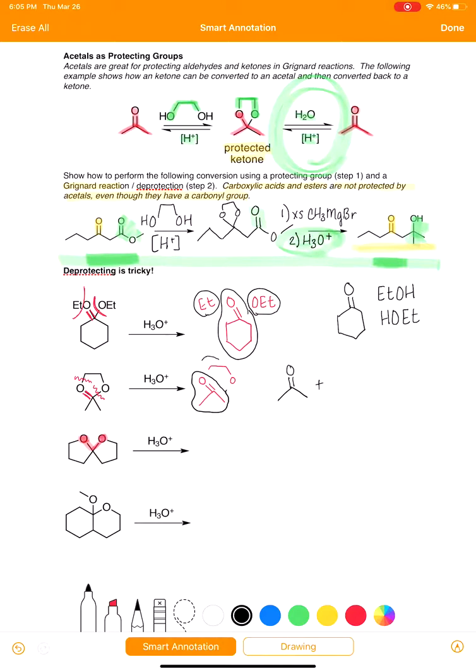This piece right here is our other product, and to that we are going to add an H and an OH. And those are the two products of this reaction.